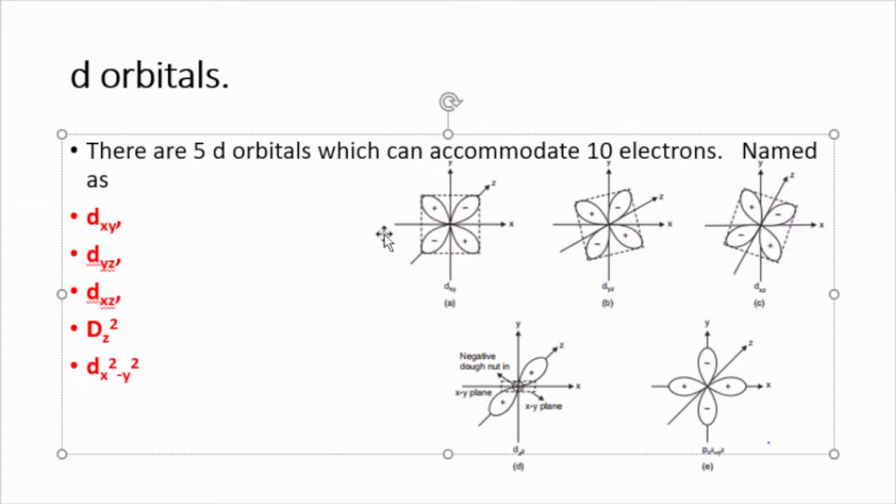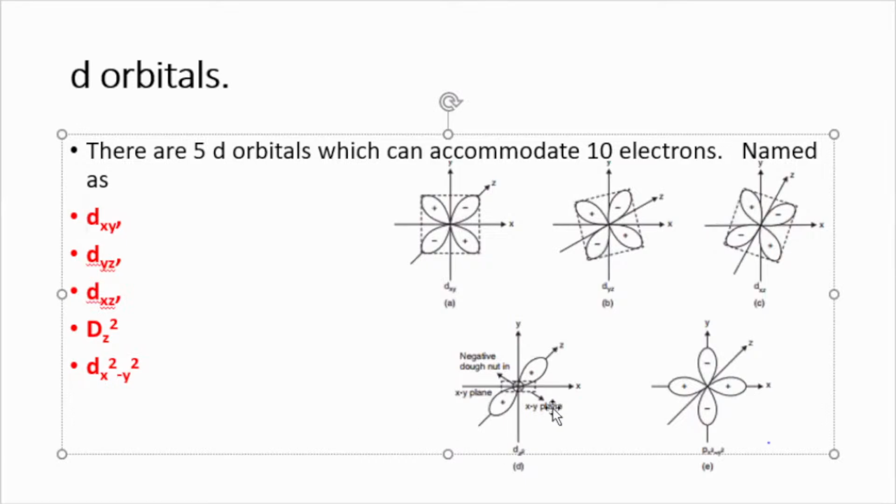I'll tell you about xy. dxy is the one drawn in between the x and y planes. dyz is the one drawn between y and z. dxz is the one between x and z. Did you see?